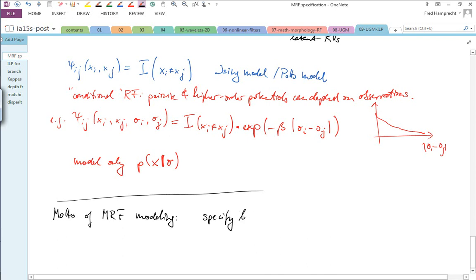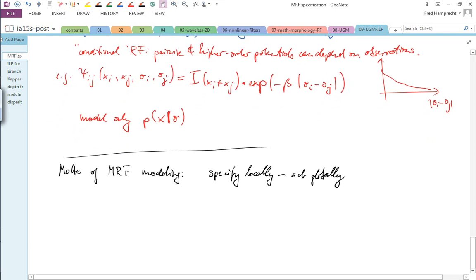Let's say you can specify locally, and this shall sound a little bit like a political slogan, act globally. So the idea is that you specify only local interactions, but because you can propagate information through such local interactions, you can actually obtain global models.